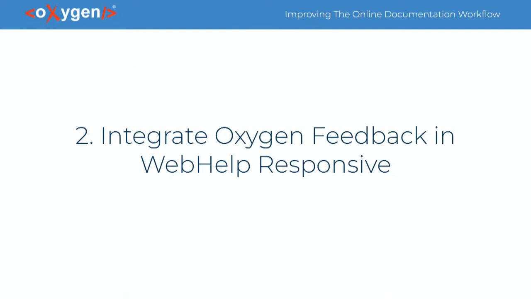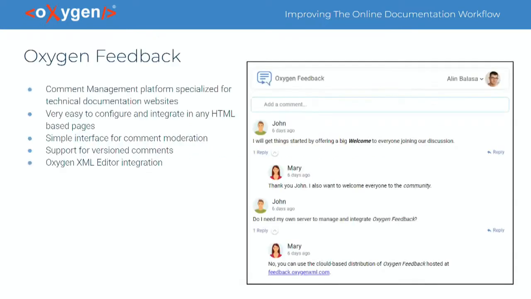Moving forward, after obtaining the desired aspect for our documentation, our next step is to integrate Oxygen Feedback in our output. Oxygen Feedback is a comment management platform specialized for technical documentation.